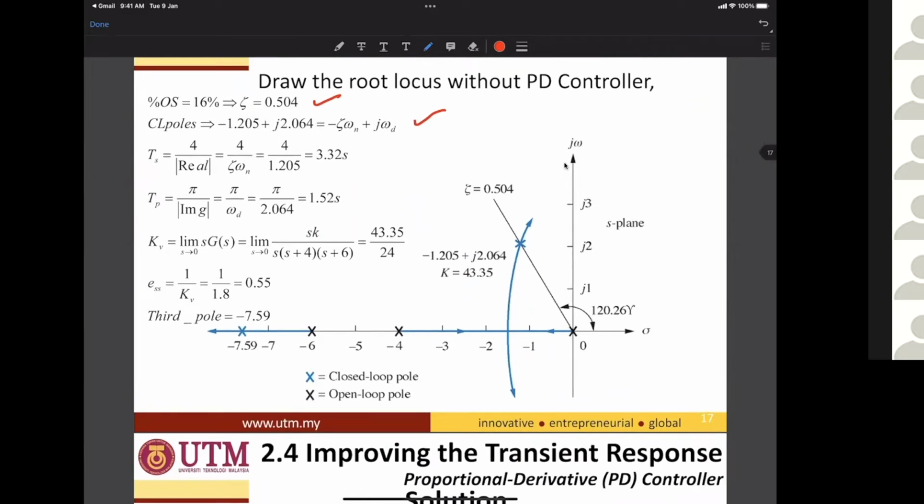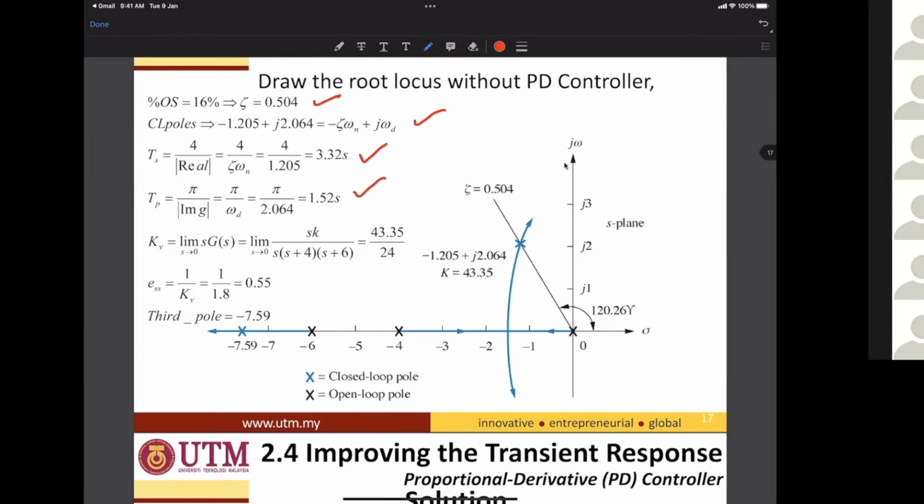TS is equal to 4 divided by real, which is zeta omega n, 4 bagi 1.205, 3.32 saat. Or TP, pi divided by imaginary part of the dominant pole, which is pi divided by 2.064, 1.52 seconds.